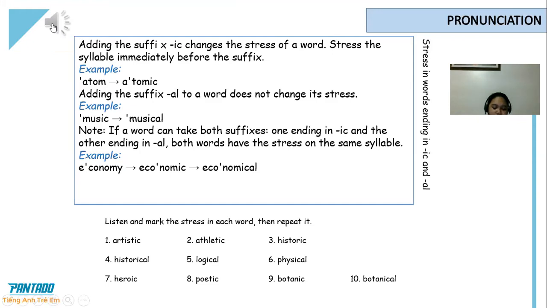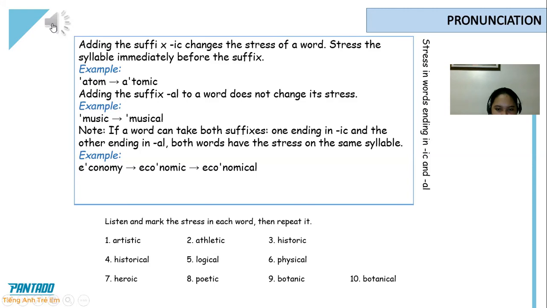Activity 5. Listen and mark the stress in each word. Then repeat it. 1. Artistic. 2. Athletic. 3. Historic. 4.